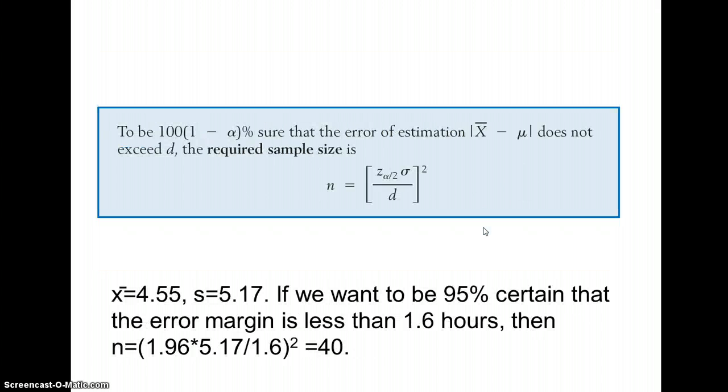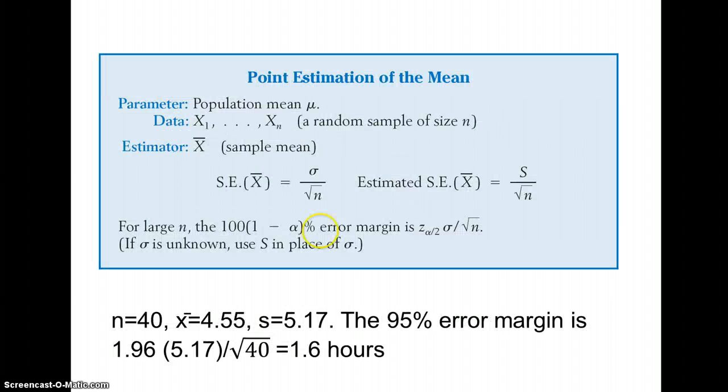And the other formula we have is for the sample size. Suppose I want my error margin to be a certain number. Say, for the previous example, I want the error margin to be 1.6 hours. Actually, I can say I want my error margin to be smaller than 1.6. I want it to be 1 hour, or maybe 0.5 hours. And then you have to determine the sample size.